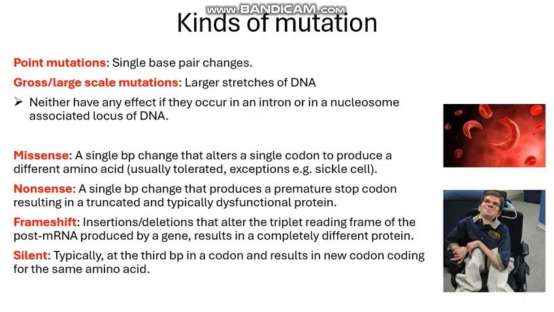So a frameshift mutation completely alters the reading frame, so it results in a completely different polypeptide being produced when the gene is translated at the ribosome.